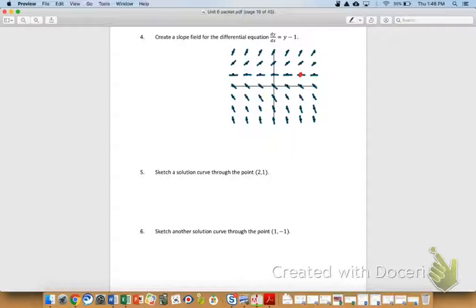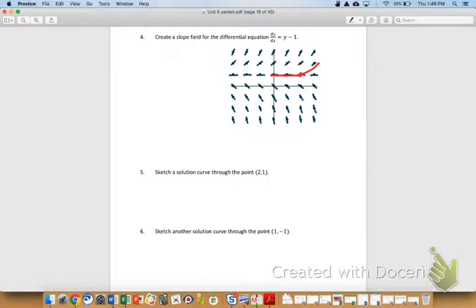Well, if I were to do this, you might say, hey, I think it should go up like that. But think about what would happen. What would I need to do over here? Would I need to go down? Or would I do this? Or would I do this? Do you see how none of those options work?